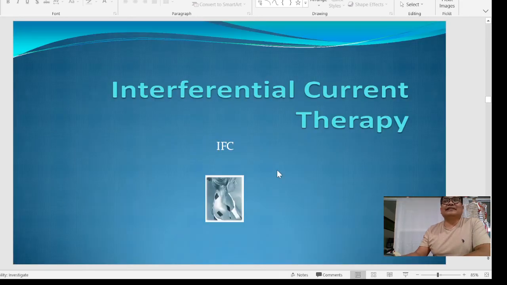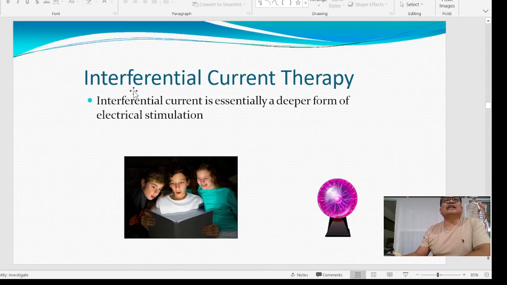Now, there's another type of TENS. Okay, you have your interferential current therapy or IFC, no? Interferential current therapy. So in IFC, it penetrates deeper, no? So instead of using TENS, di ba? Ang TENS na to gina is ang pinaka-deep niya nga penetration kung gamitan nato siya o rhythmic, ba? Rhythmic.